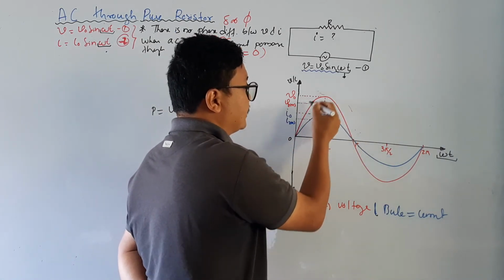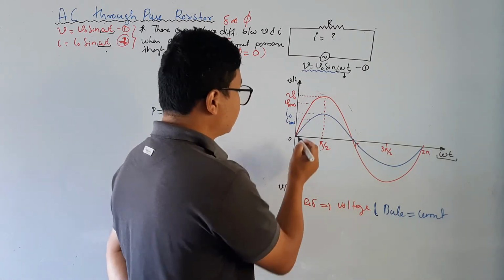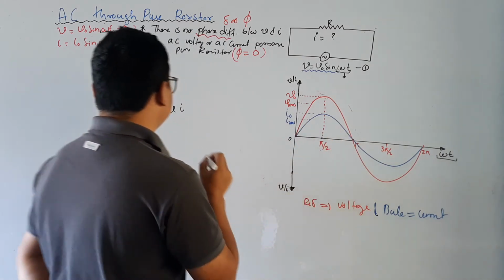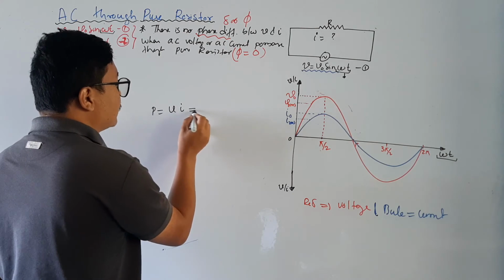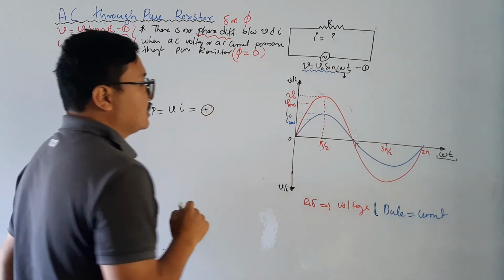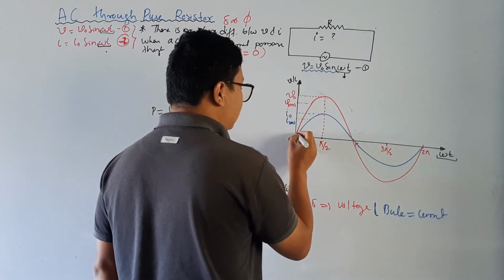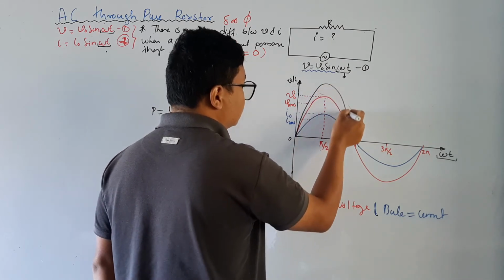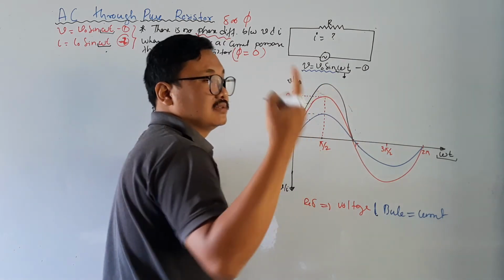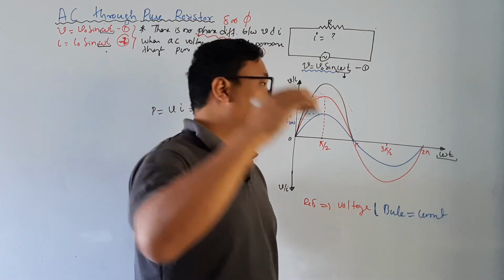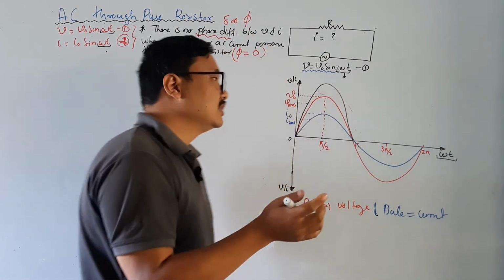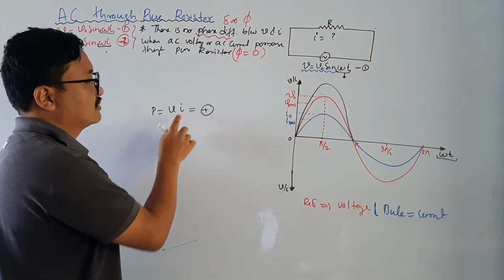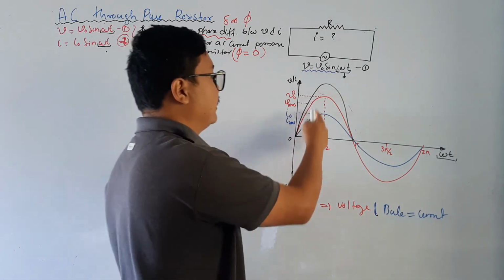What is the value of current? Also positive. If I multiply positive and positive, I get a positive value. So there I will get this as the power, and it's at the maximum. It will be higher than the voltage because I am multiplying the two quantities, this and this. Of course, it will be more than V and I.